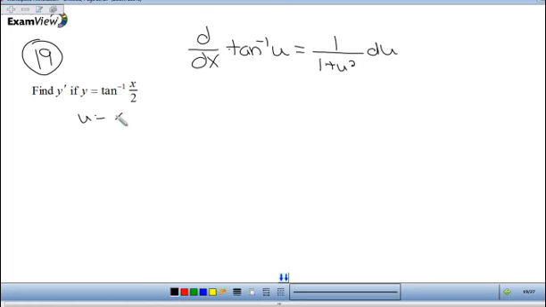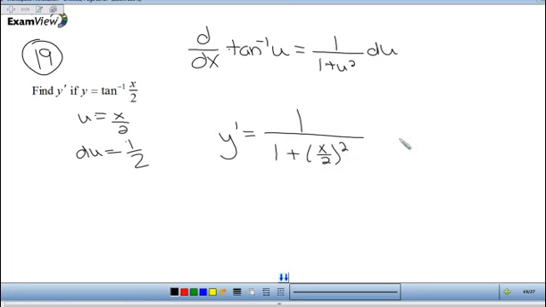So u is x over 2, du is 1 over 2. My derivative is going to be 1 over 1 plus x over 2 squared, which is 1 over 1 plus x squared over 4.